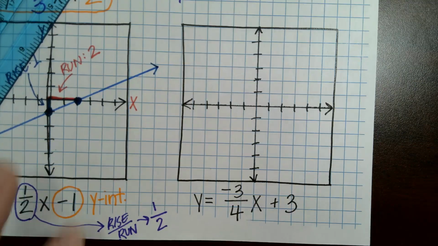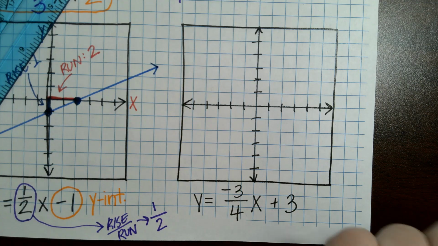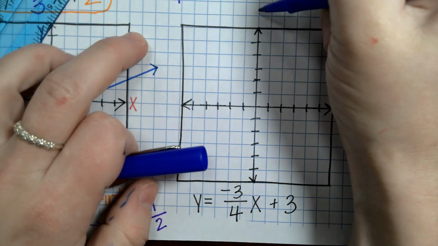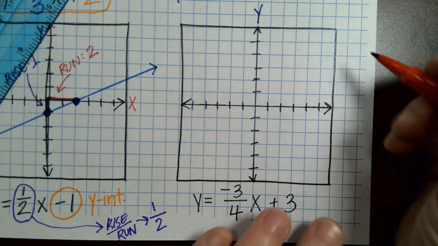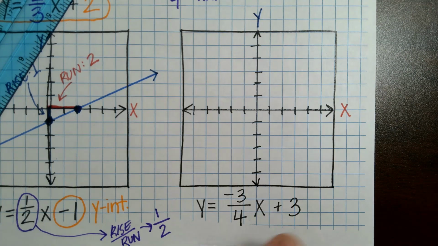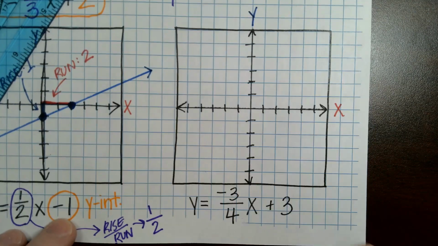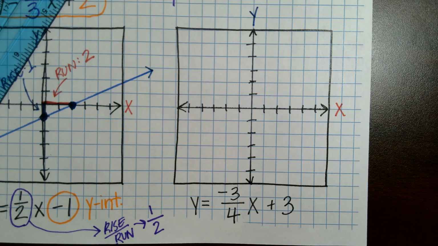Okay. And then we're going to label our x-axis and our y-axis. And I'll give you guys a minute to get caught up. Just let me know when you're ready.